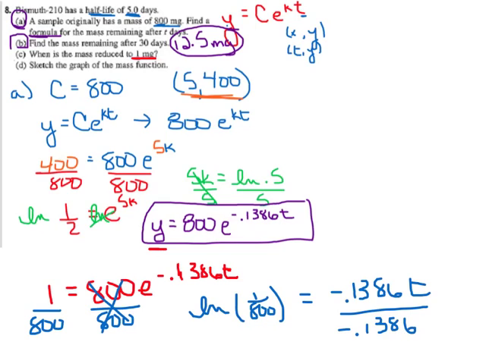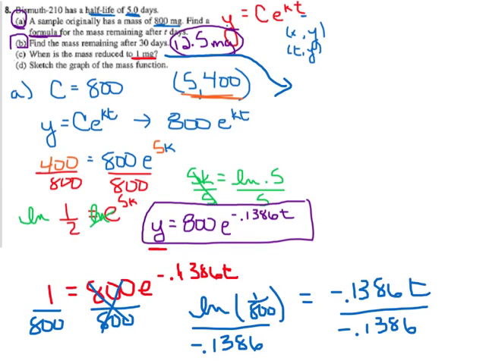I'm actually going to make sure whenever I put this into my calculator that I get this answer again, because I forgot to store it in a. But I'm going to actually calculate the negative 0.1386 again, but completely accurately. And then I'm going to take the natural log of 1 over 800 and I'm going to divide by it. So I'm going to pause, you can pause, and go ahead and get your answer.